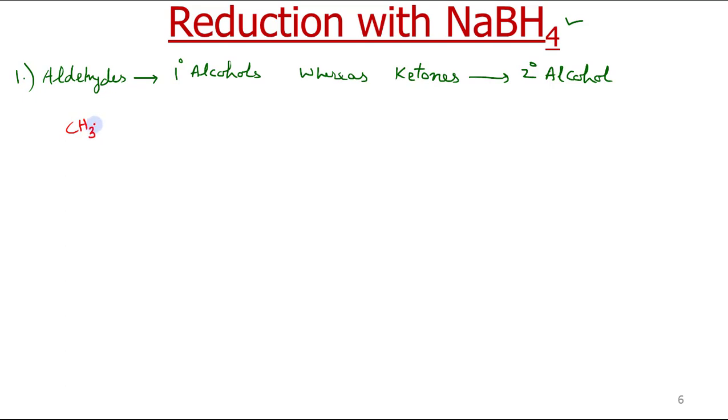To show this we can write a general reaction. CH3CH2CHO, an aldehyde, on reduction with NaBH4 and subsequent hydrolysis gives CH3CH2CH2OH, which is a primary alcohol.